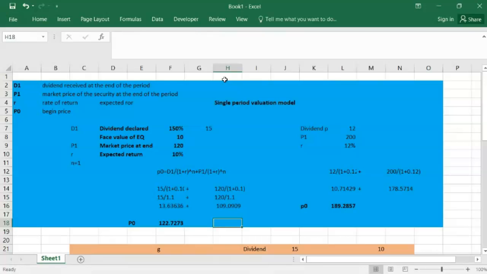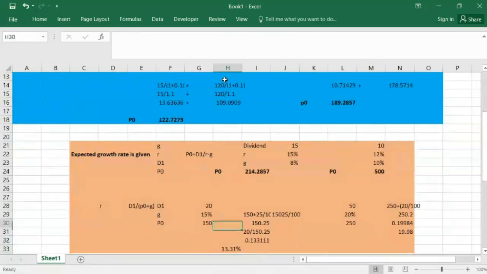Based on that, you need to work it out for the single period valuation model. Here P0 is equal to D1 divided by (1 plus R) plus P1 divided by (1 plus R). This formula can be used for the single period calculation. The power n is not used here because to the power 1 gives the same value, whether you mention it or not.